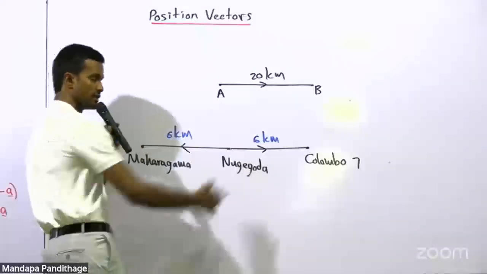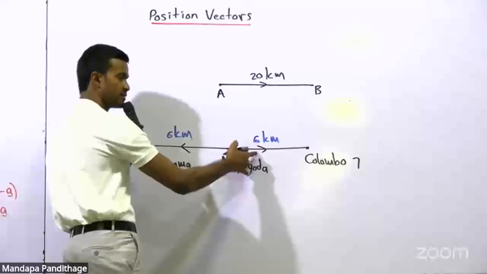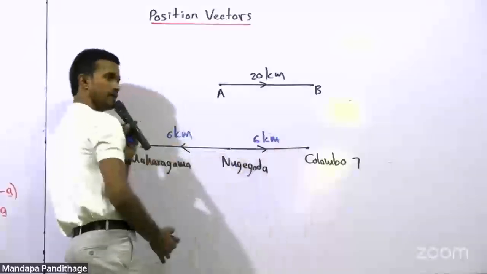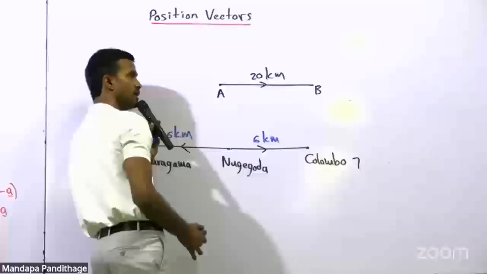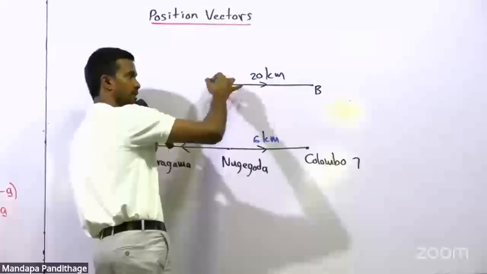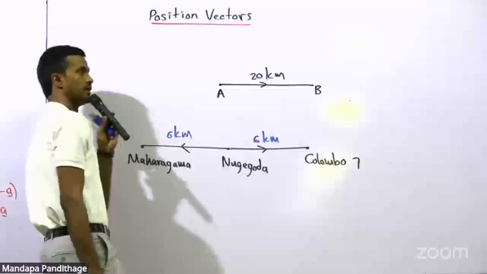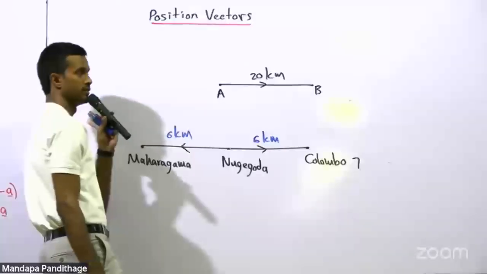Nugegoda. So the vector that gives the position of another point with respect to one point is known as the position vector.